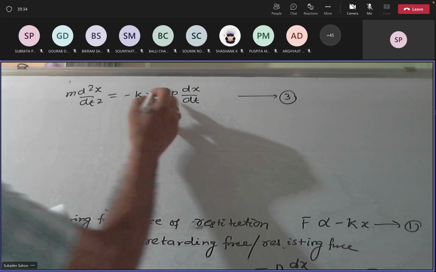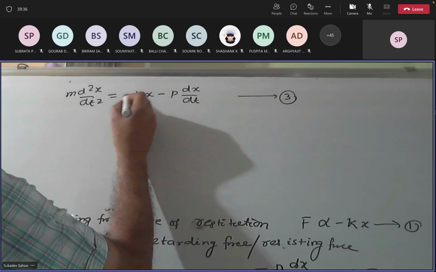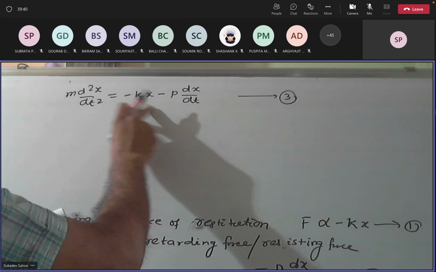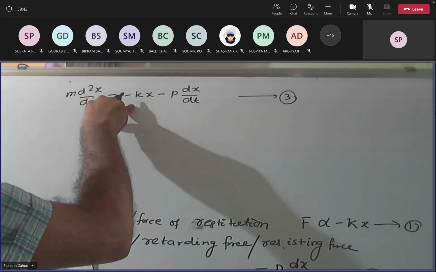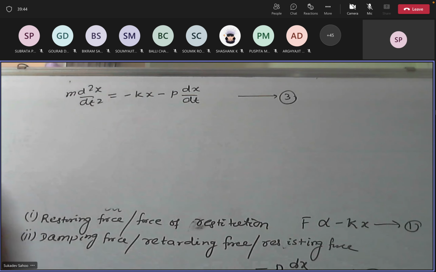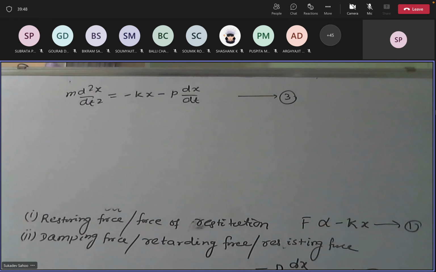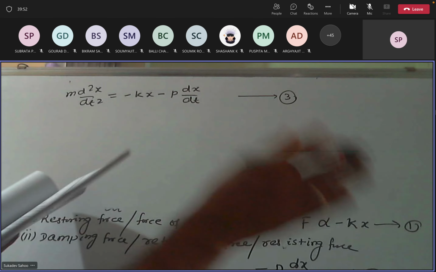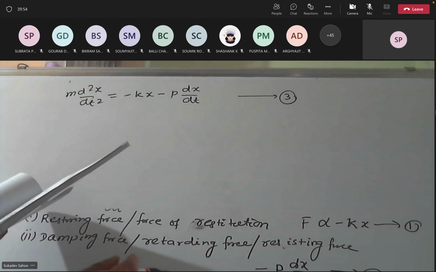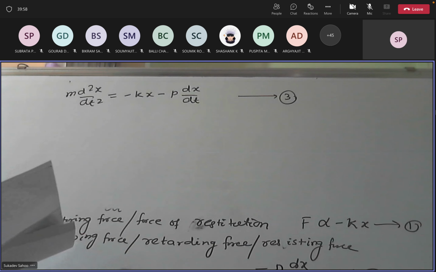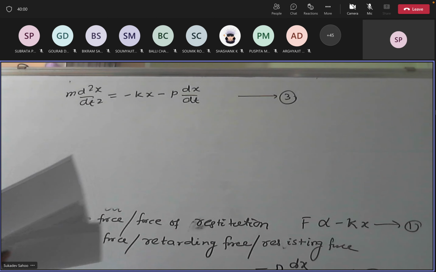What are the physical significances of these negative signs? The restoring force is directly proportional to the displacement, and the damping force is directly proportional to velocity and opposite to the motion. So this equation holds only for small displacements and small velocities.